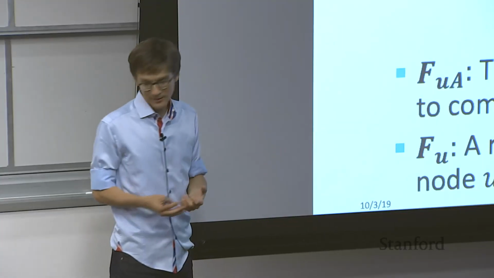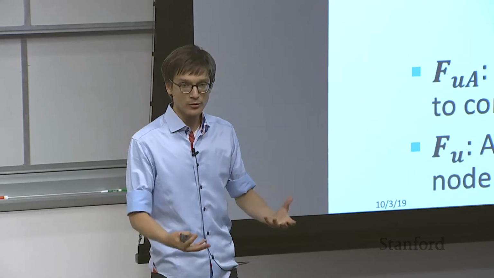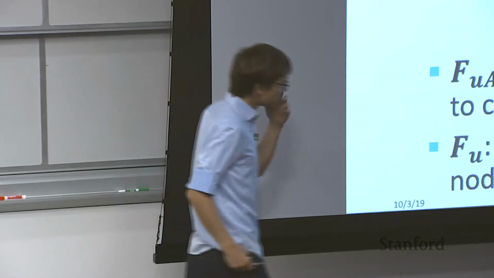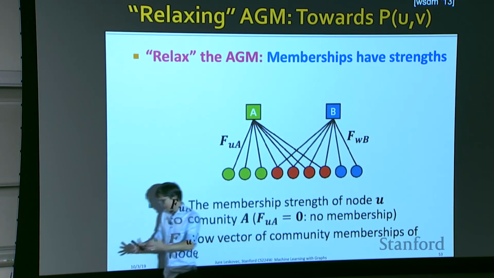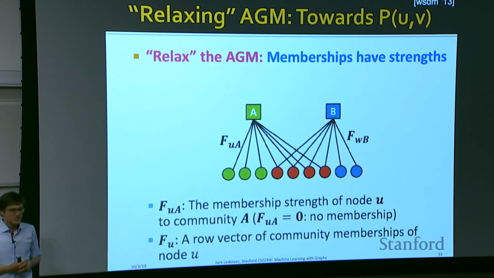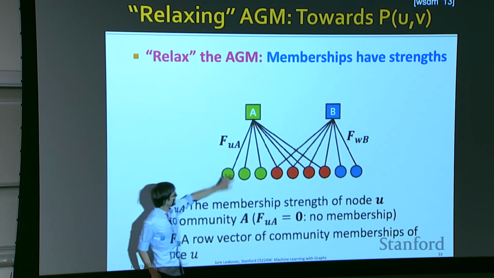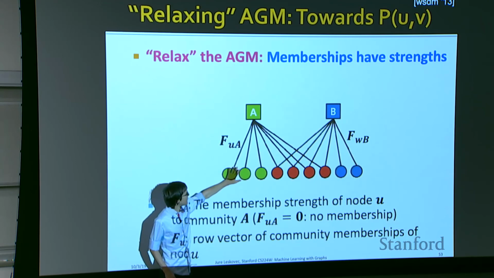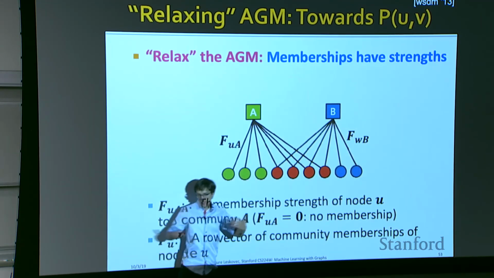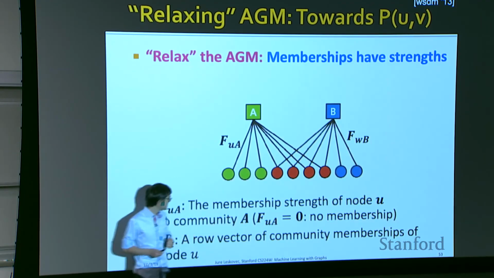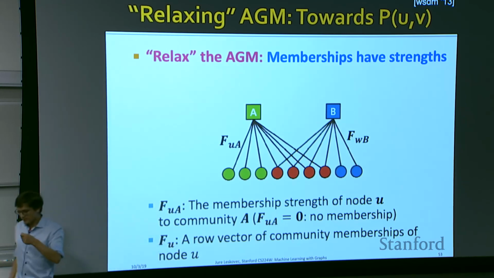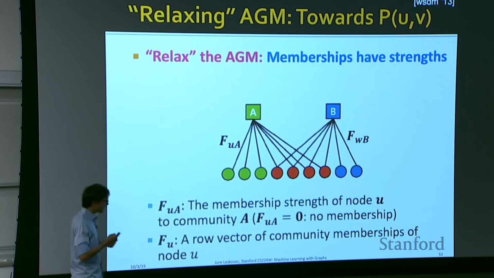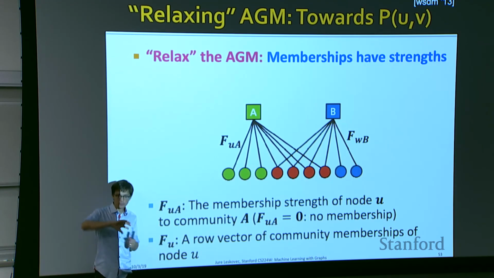Now back to our model, and to tell you how you actually do this on this concrete model. The first thing we will do is we have this bipartite graph, but that's a very hard combinatorial structure, and it's very cumbersome to work with. So rather than think of this as a graph, we will think of it as some kind of weighted complete graph. This means that we will assume that every node has a row vector associated with it, where every component of the vector is the strength of the membership of that node to that community.